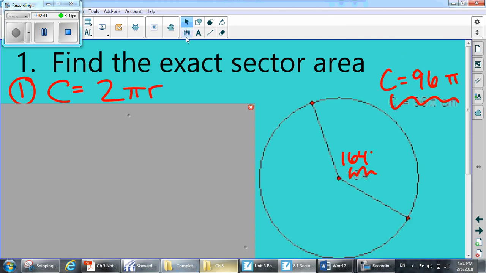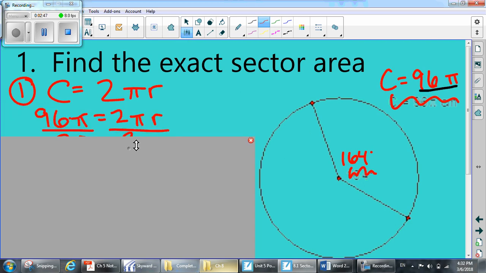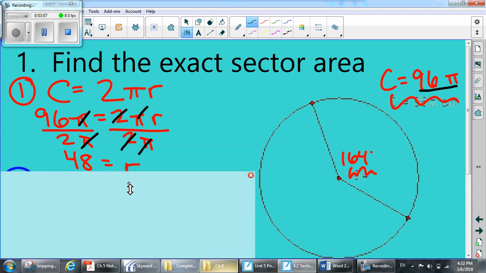They told us the circumference was 96 pi, so 96 pi equals 2 pi r. To solve for the radius, divide both sides by 2 pi. We're left with the radius: 96 divided by 2 is 48.